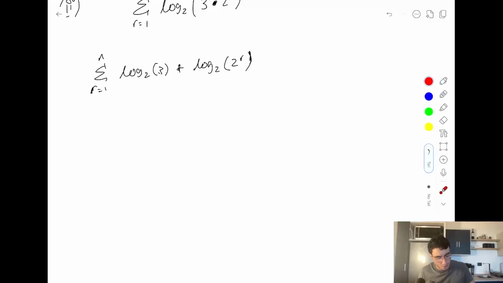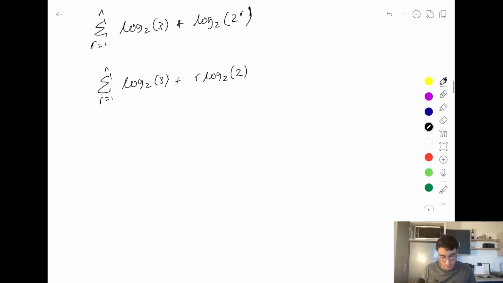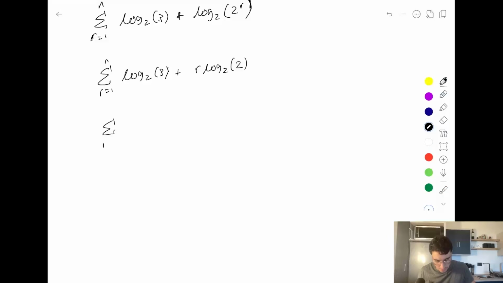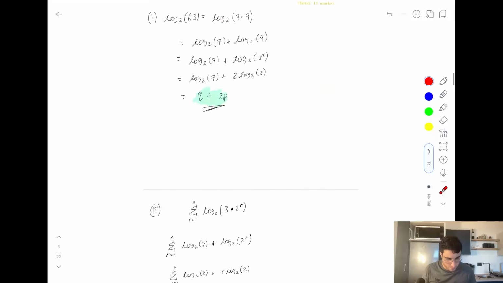Well, I know I can bring this r down, according to the power rule. r log base 2 of 2, and what does 2 need to be raised to, to get 2? 1. And we know that log base 2 of 3 is p.